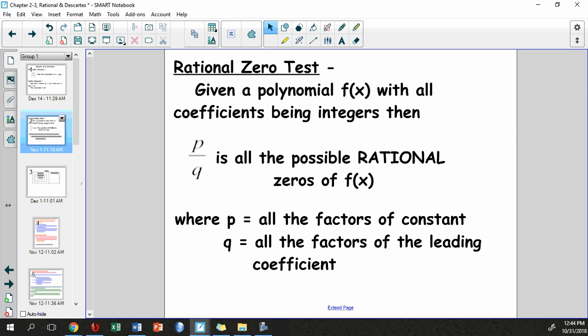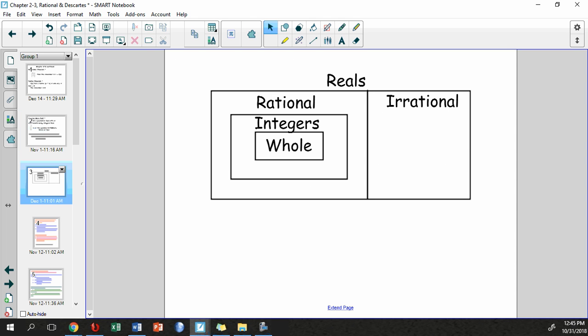What does the word rational mean? If I tell you that it's a rational number, what type of a number is that? It is a whole number. What else could it be? Rational numbers are P over Q's, which means they are a fraction.